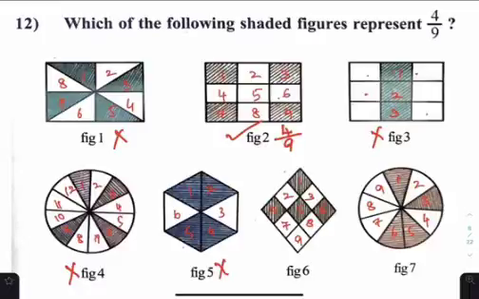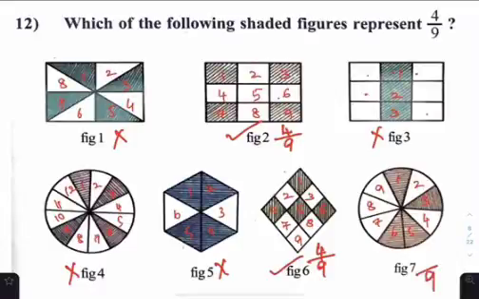Now for figure 6, the denominator is 9 and the total shaded part is 4. Okay, this is the fraction which we want, which satisfies the number which has been given. Figure 7 has denominator 9 and 4 parts have been shaded. Yes, figure 7 also satisfies the fraction. So the figures that satisfy the condition to have a fraction of 4 by 9 are figure 2, figure 6 and figure 7.